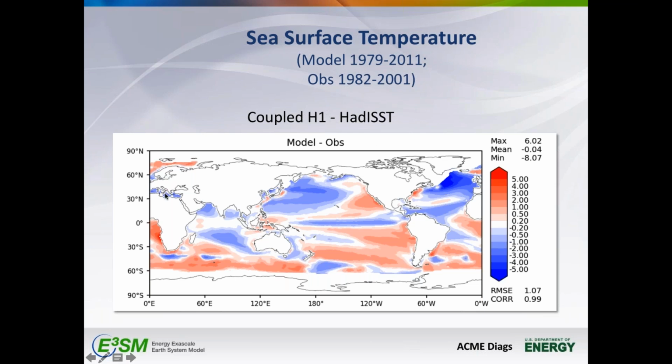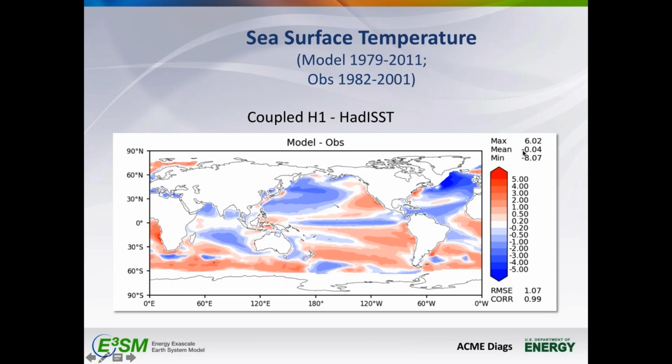And you can see the biases in SSTs, fairly typical of what we have seen before in the control simulation, and also typical of many climate models. Cold North Pacific, cold Labrador Sea, warm bias along the continent there, warm bias over the Southern Ocean.